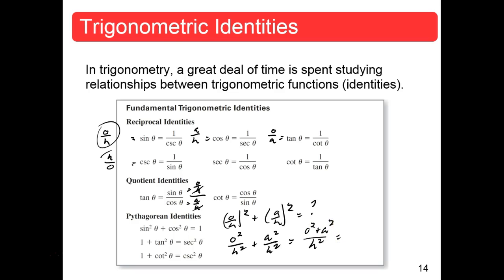And what's opposite squared plus adjacent squared? Okay, here's the opposite side, adjacent side, hypotenuse. That's an ugly triangle, but you know, just do it. What's opposite squared plus adjacent squared? Pythagorean theorem.